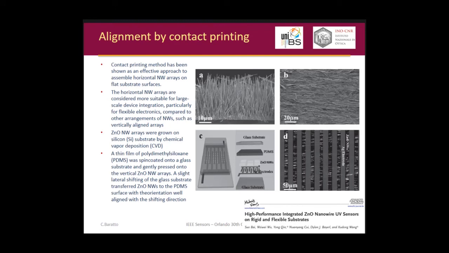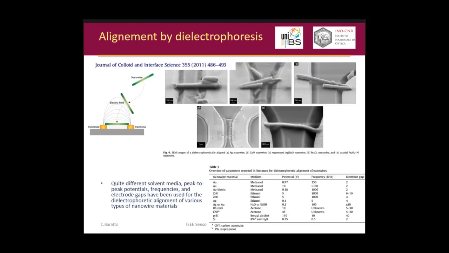Another type of alignment, which is more rough, is contact printing. Contact printing means that you have your forest of nanowires, and then you put on a glass substrate some soft material like polydimethylsiloxane, and you press the glass substrate with PDMS over the zinc oxide material, and the nanowires are oriented in an aligned manner over the substrate.